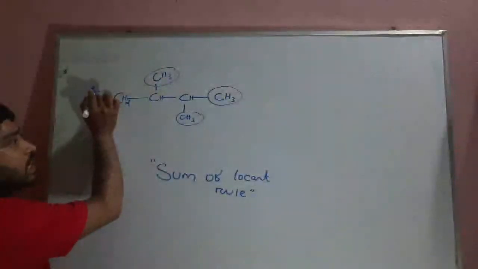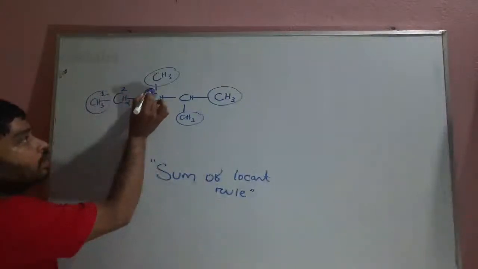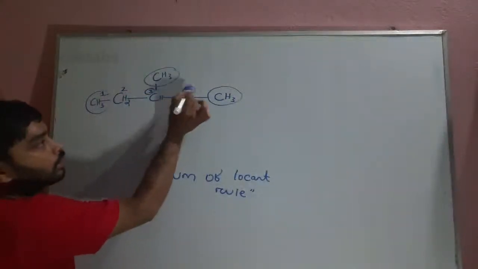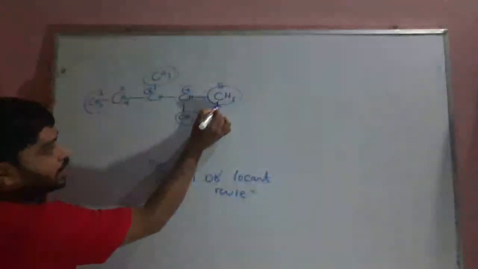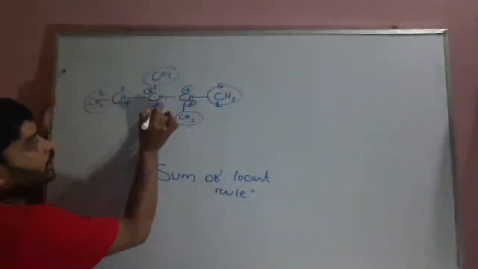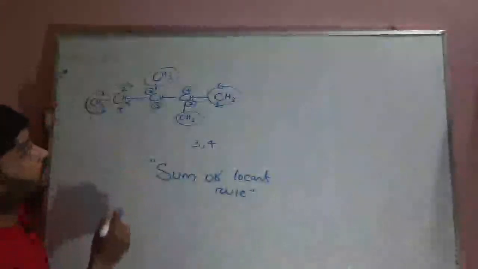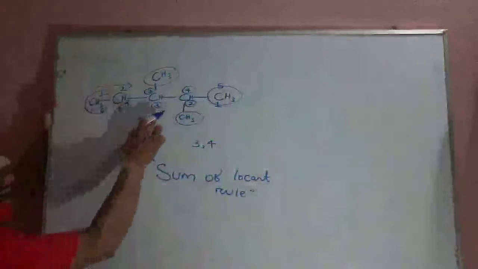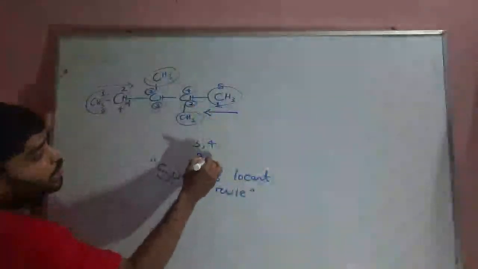So if you start from this side, 1 2 3, 4, 5, in this case going from right side to left side, the locants are 2 and 3.